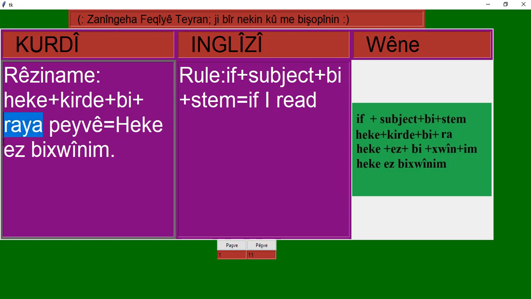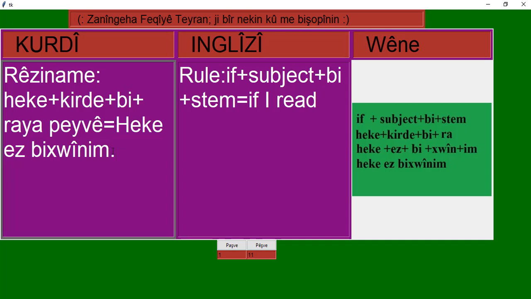Raya means stem of the word. So b comes before raya, before the stem of the word, and like this we are creating sentences in heke, in if statements in Kurdish.